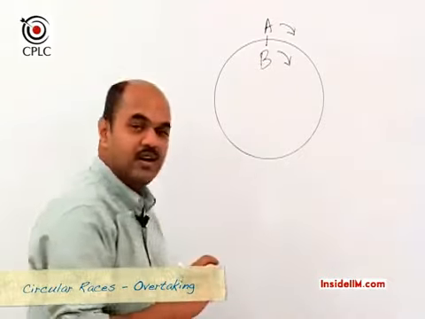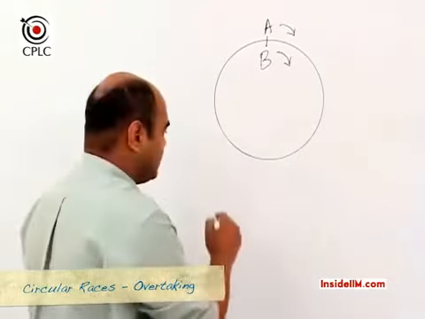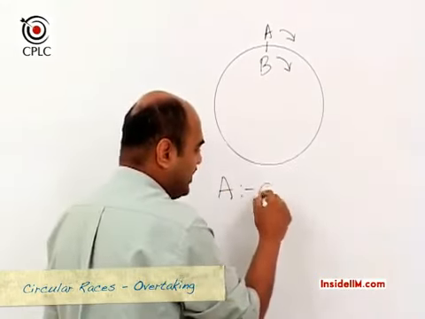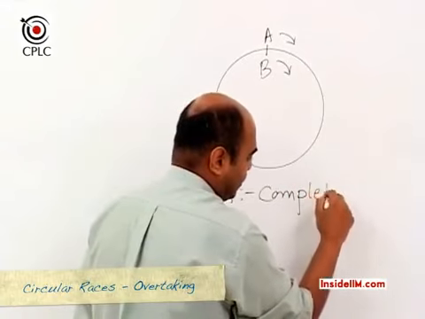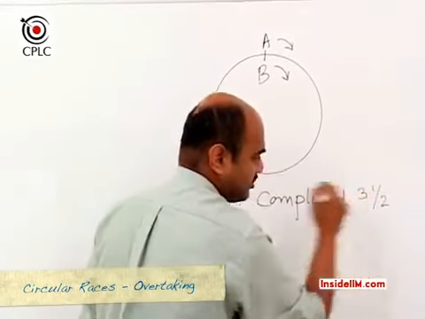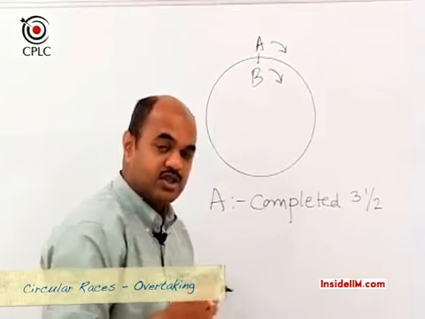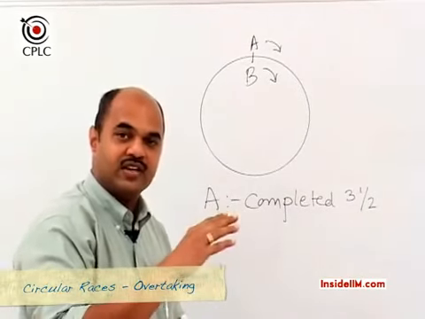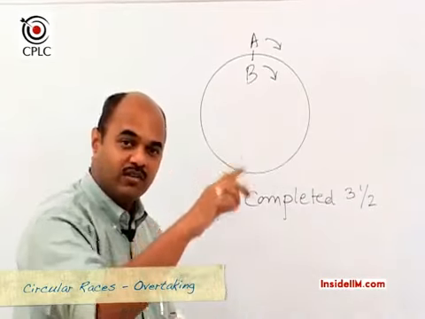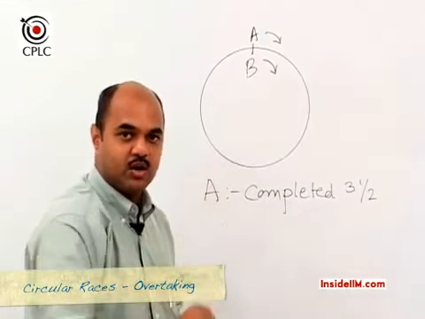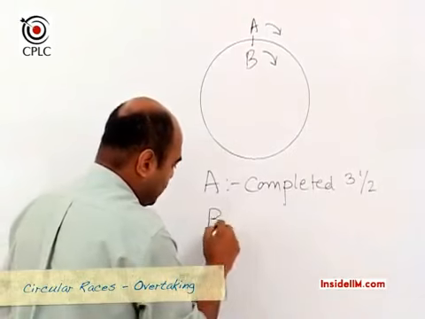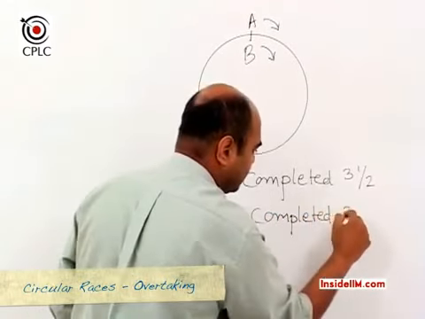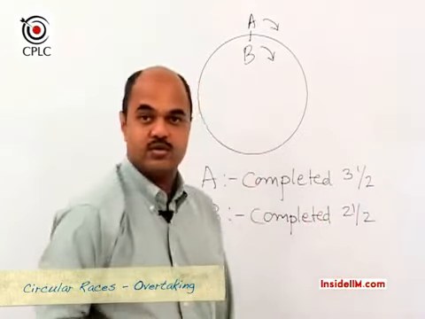Now, if it is in the middle of the fourth round, it means that at that particular moment, A has completed 3.5 rounds, and since we already know the concept that they will meet the first time only when the faster one completes one full circle extra over the slower one, it would mean that B has completed at that particular instant 2.5 rounds.